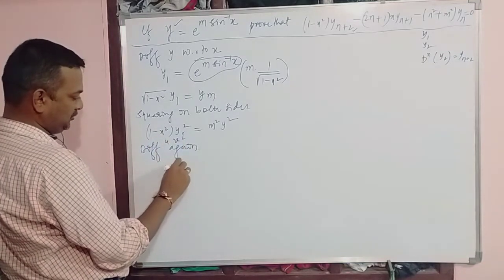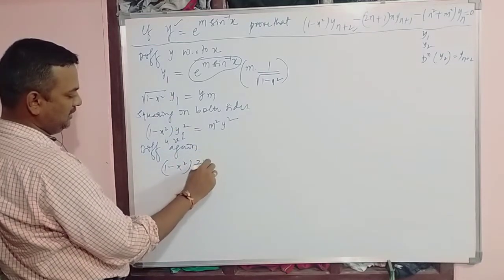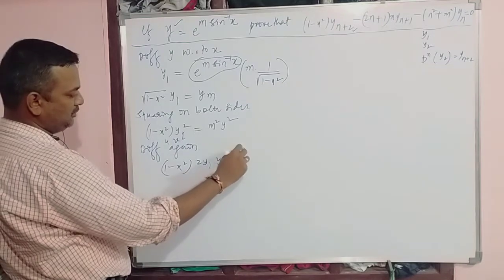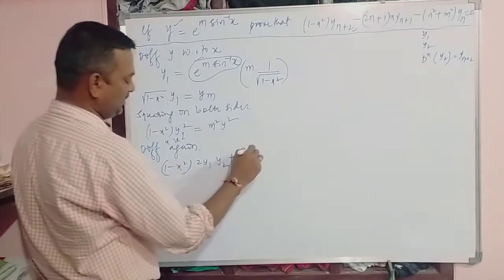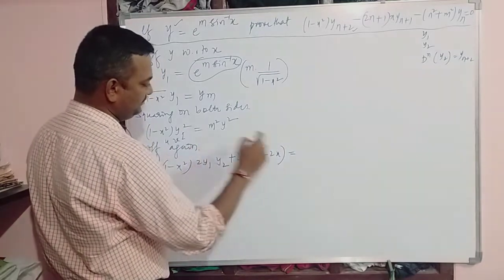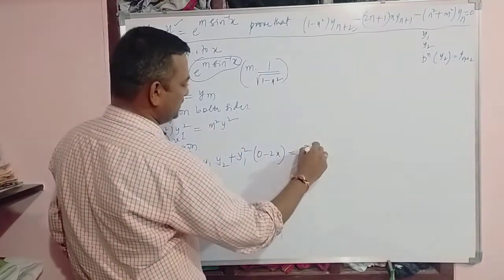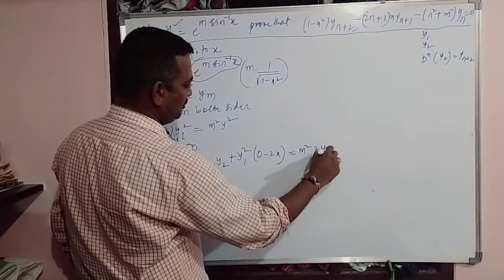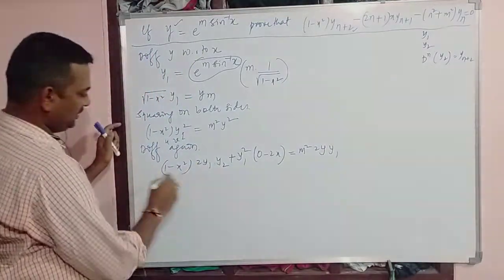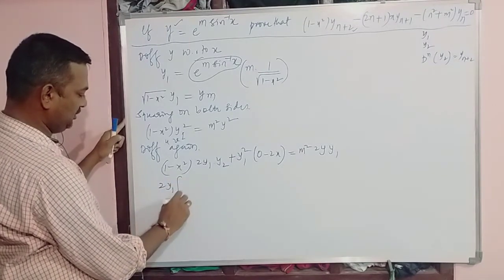So 1 minus x square, differentiation of y1 square is 2y1 into y2, plus the second function y1 square, differentiation of 1 minus x square is 0 minus 2x. The right side: m square into differentiation of y square is 2y into y1. So now in both terms I am going to take 2y1 common.